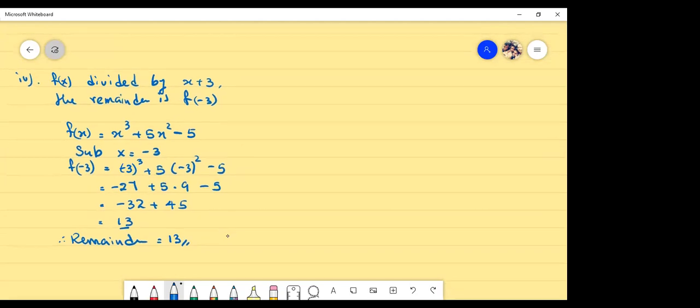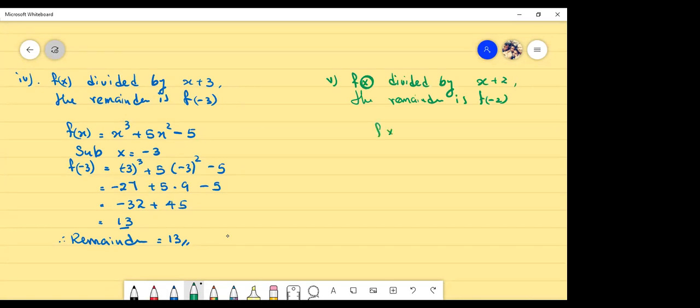Then we come to the last one, the fifth. We write f(x) divided by x plus 2. The remainder is f of minus 2.